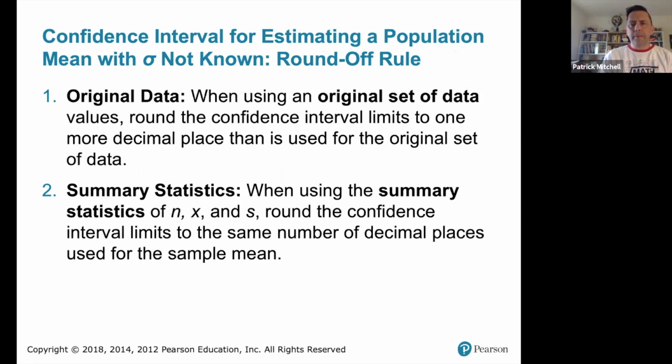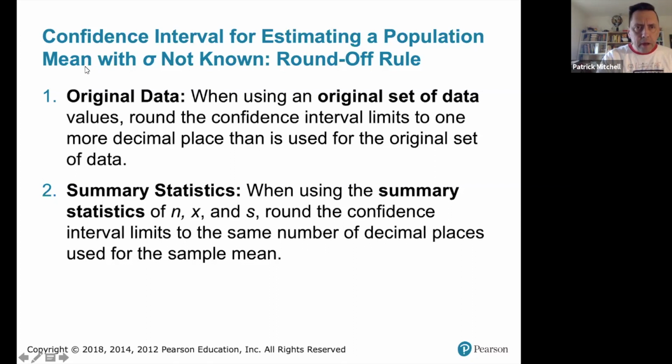A little bit about rounding rules. I believe these are the same rules that we used in the last section. If you're using an original set of data, you want to round your confidence interval limits to one more decimal place than is in the original set of data. However, if you're working from summary statistics, such as x bar, excuse me for one second.